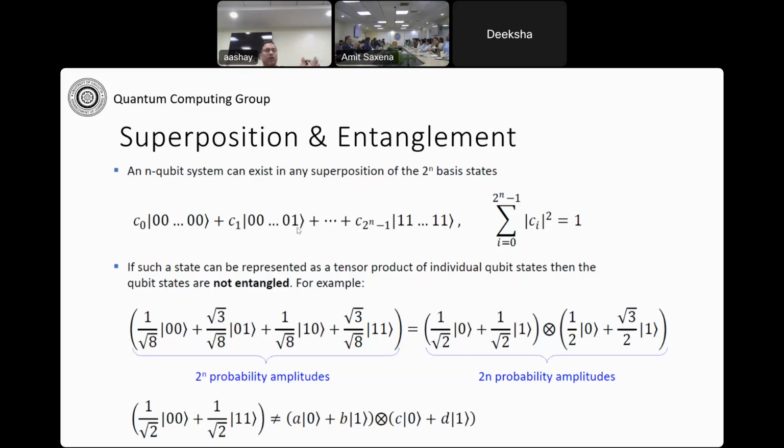So there are 2 to the power n coefficients and 2 to the power n basis states, that is, 2 to the power n amplitudes corresponding to the basis states. We will come back to this when we encode the data, because when we encode the data, we use this property. And this is well utilized in the QFT. If you look into the QFT, you will see how an n square algorithm becomes an n log n algorithm by this encoding.